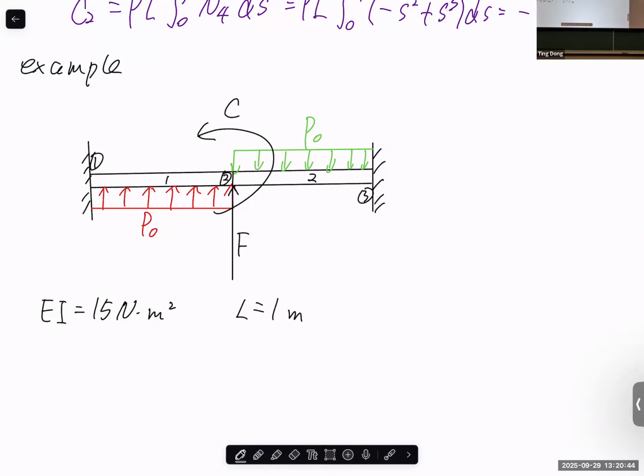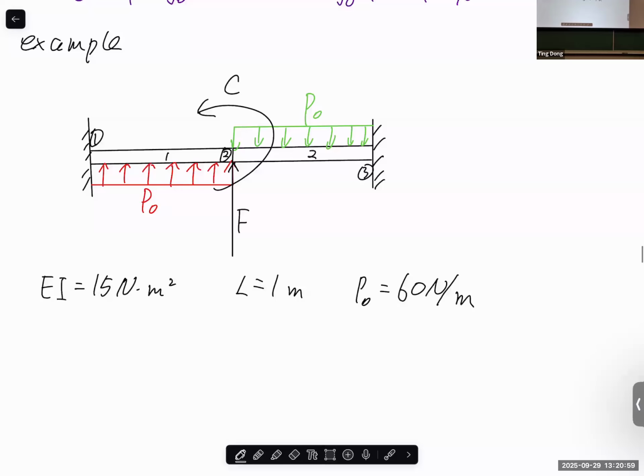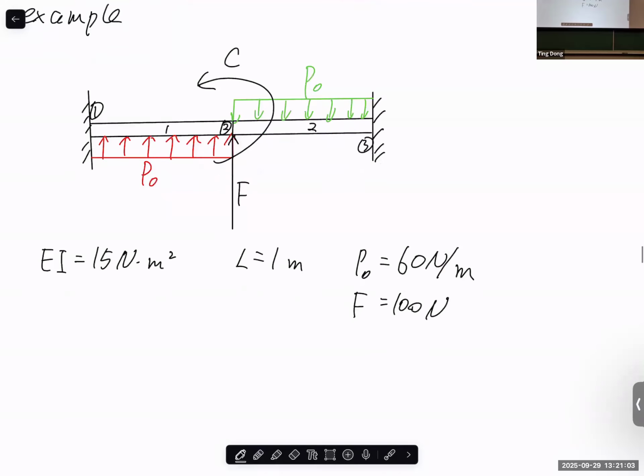For the uniform distributed force, it is equal to 60 Newton per meter. For the concentrated force applied at the middle point, it is equal to 100 Newton.